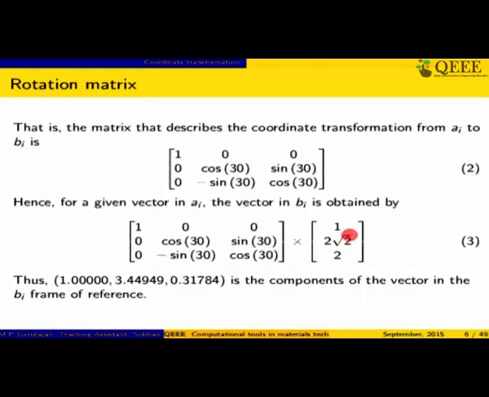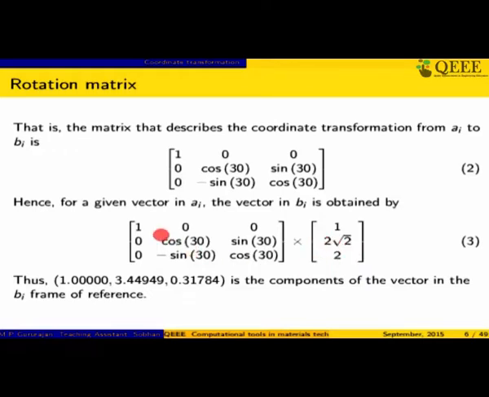Now I know that in A the components of the vector are 1, 2, root 2 and 2. I know that this is the rotation matrix which tells how to go from A to B. So if I multiply this rotation matrix with the vector that describes the components in the A frame of reference, I will get the new vector, as it will be represented in the B frame of reference.